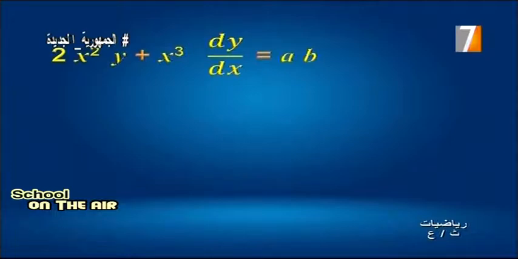Note that the right hand side is a constant. A times b is a constant value.